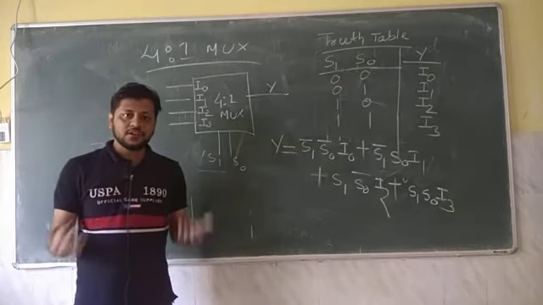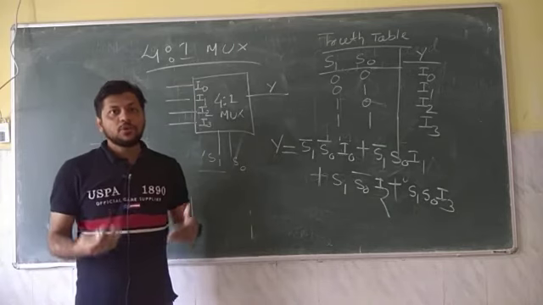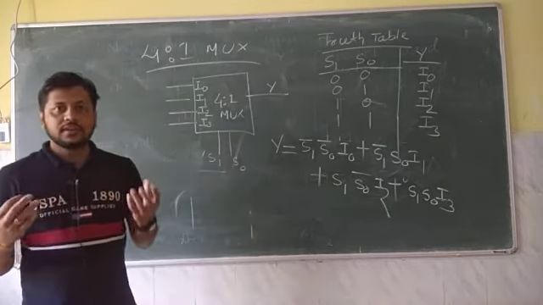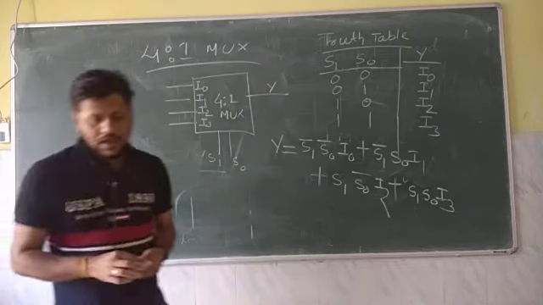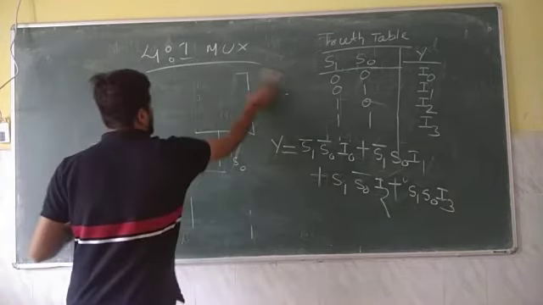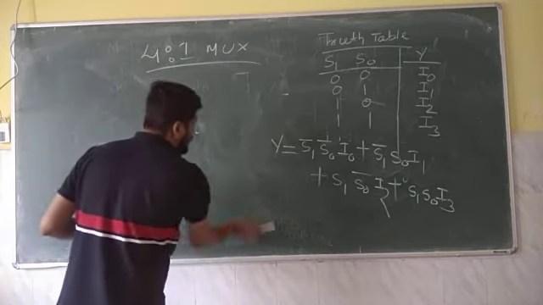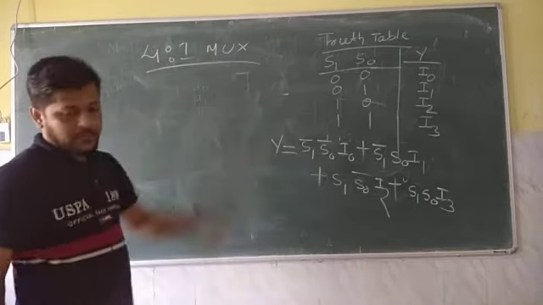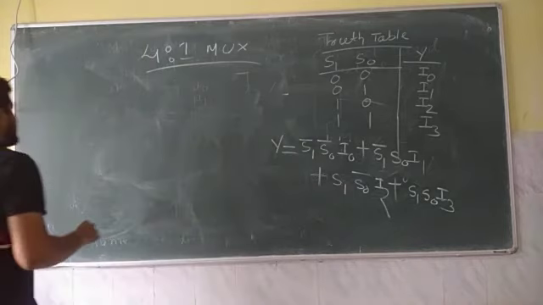After getting the logic expression, the next step is to implement it by using basic logic gates. How to design this is very, very important. How to implement this logic expression by using combinational circuits, that is your logic gates.